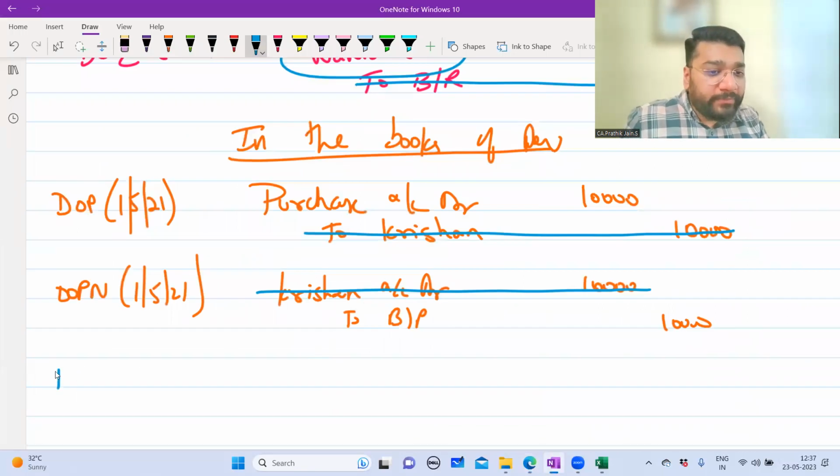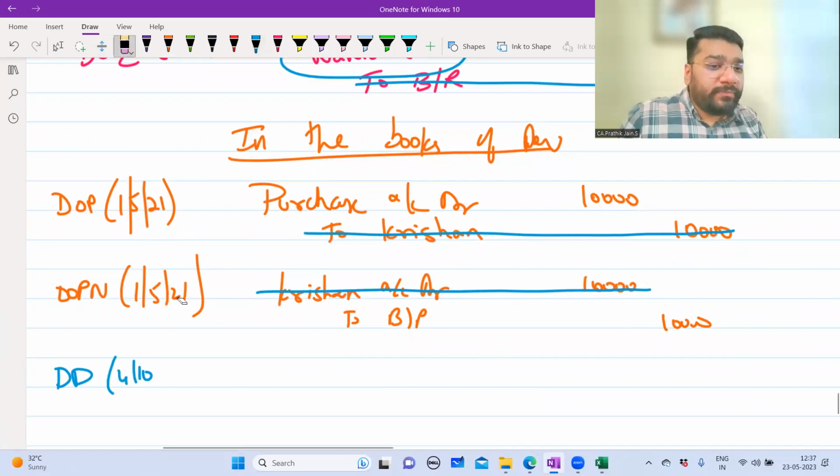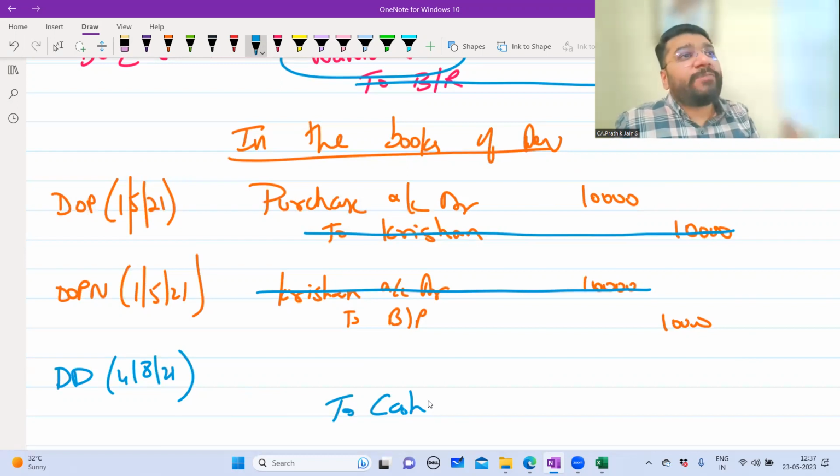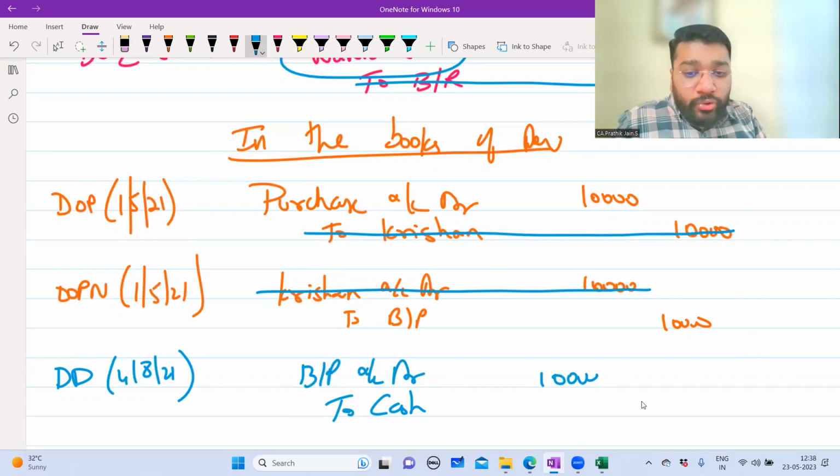On the due date, that is 4 August 2021, Dev is the payer of money. So since he is making the payment, it will be to cash, and this cash is paid against bills payable. So it will be bills payable account debit 10,000 to cash 10,000.